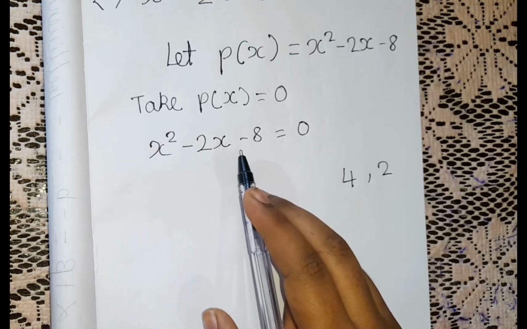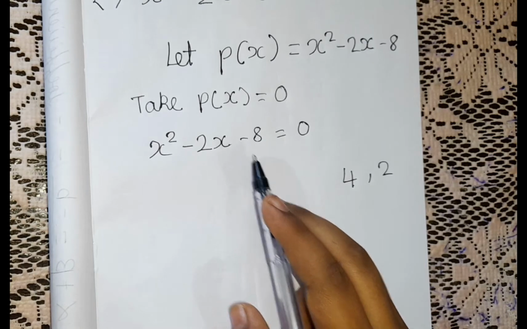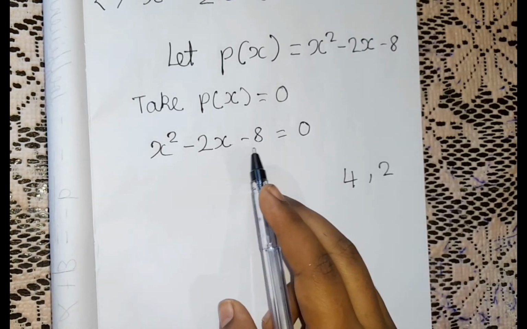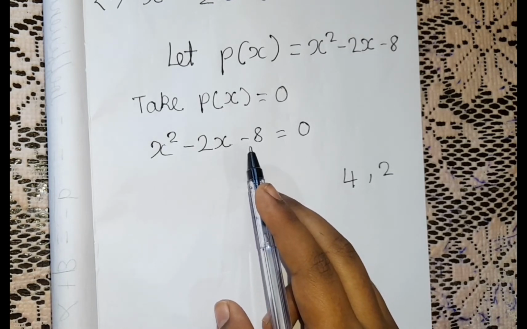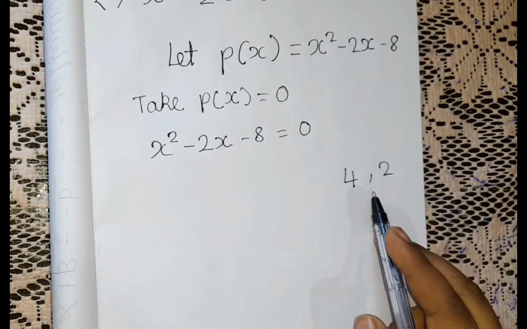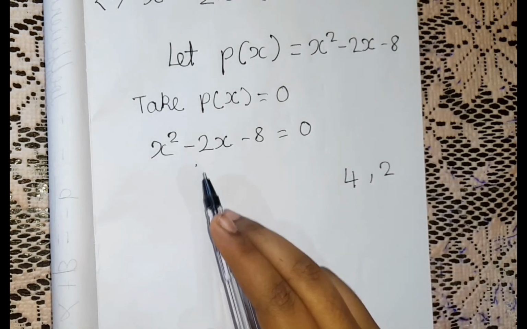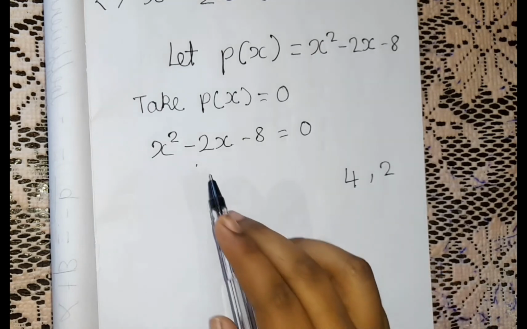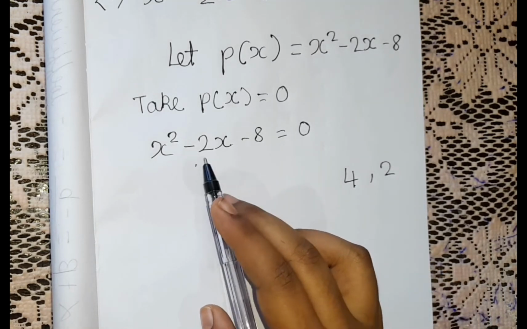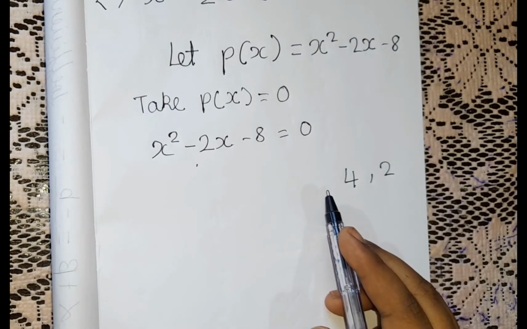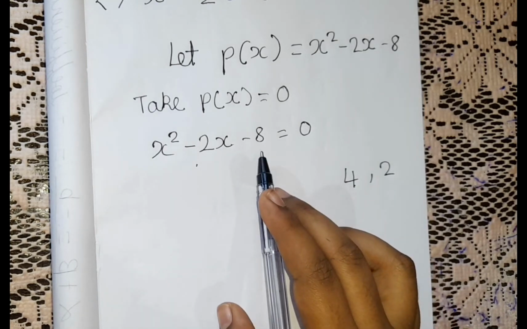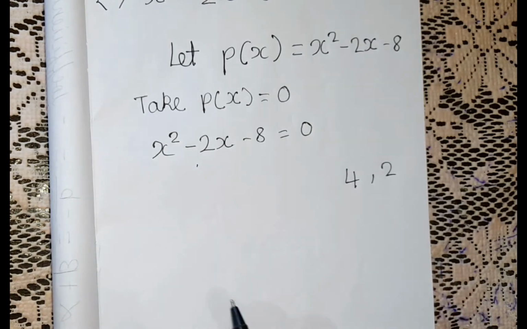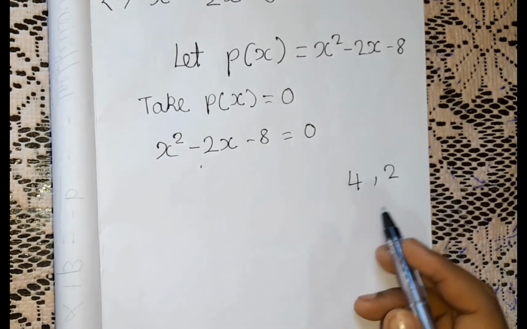Here we have a minus symbol, so we should subtract: 4 minus 2, we get 2, am I right? So we should take the numbers which, if we multiply, give the particular number, and if we subtract, give the next number, that is minus 2 and x. The x we don't need to care about. So we got the same number.